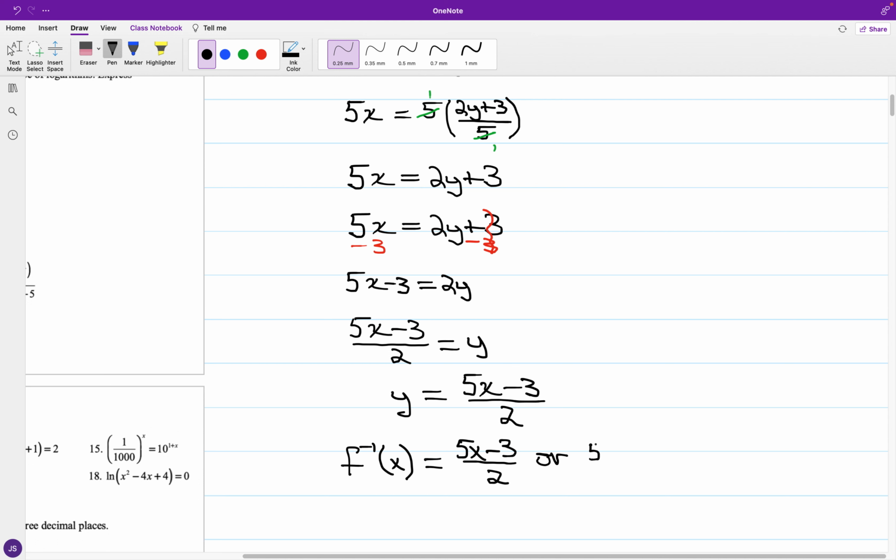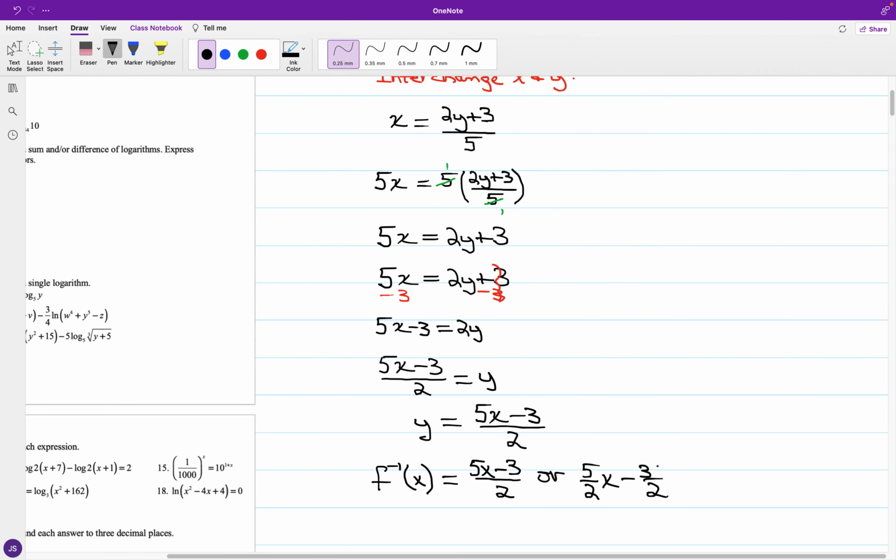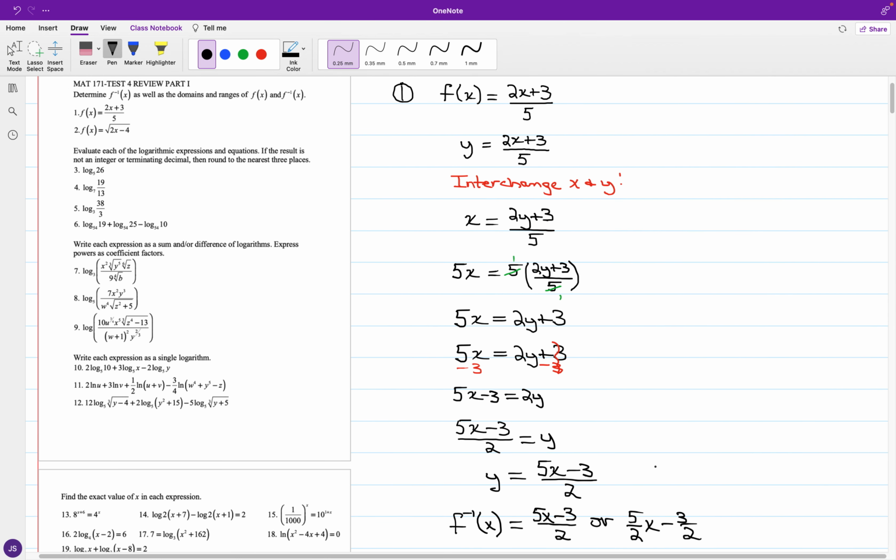So you might have it as 5 halves of x minus 3 halves, if you're to put this in the slope-intercept format.